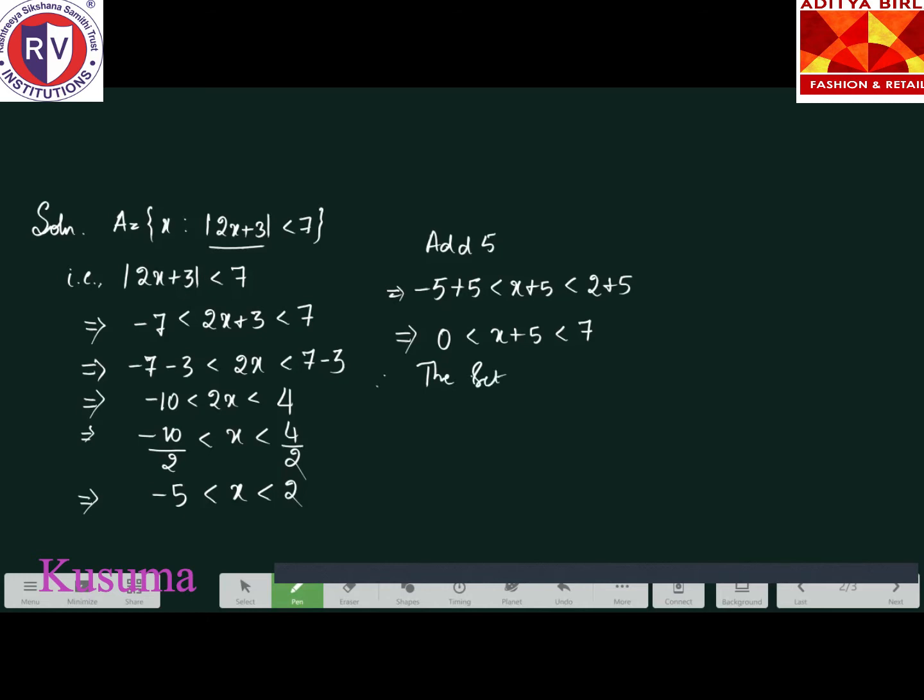Therefore, the set equal to A is the set D, which is the set of all x such that mod 2x plus 3 is less than 7. So this is the answer. So which is your option A in the question number 2.